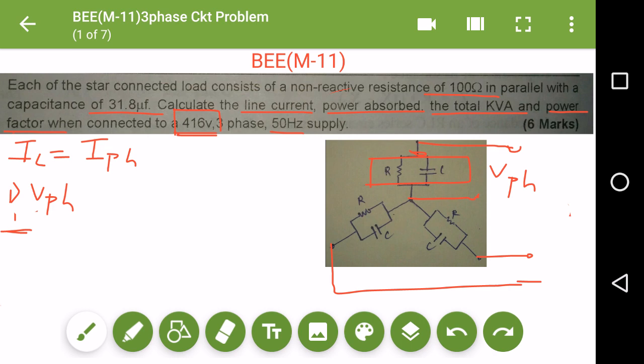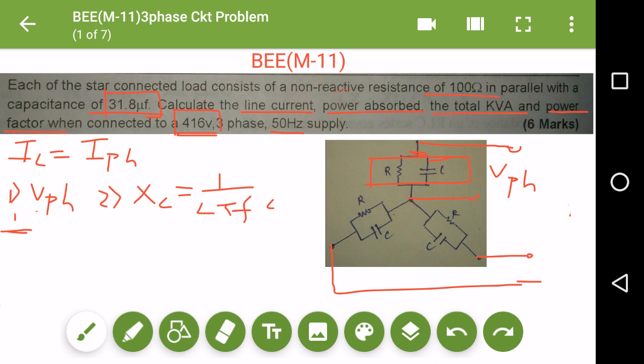The second thing I need to accomplish is to find the capacitive reactance, because we are provided with the capacitance of 31.8 microfarads. I cannot use the capacitance value directly; I need to find the capacitive reactance Xc, and the formula is just 1 upon 2 pi fC.